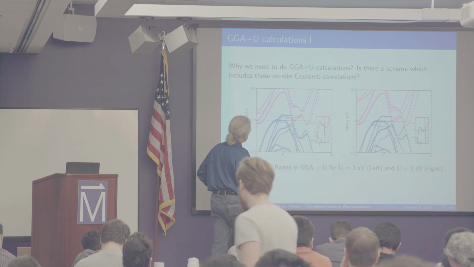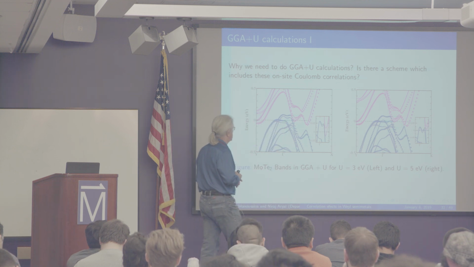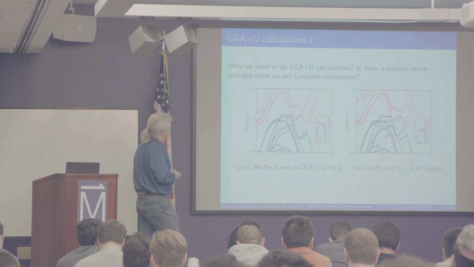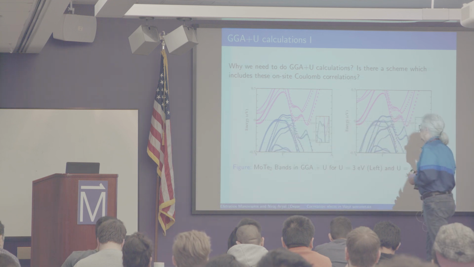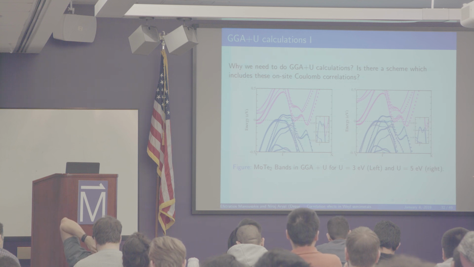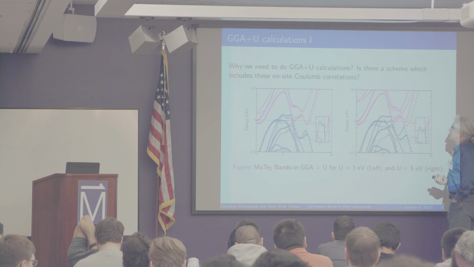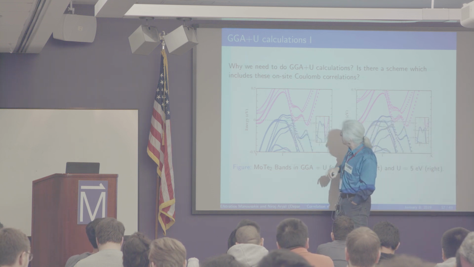The open circles here are with 0 U, that means GGA, generalized gradient approximation. You can also do the simple LDA if you like. Actually similar. But then you crank up U, you take U equals 3 or 5, just to see if there is a significant difference. Not much difference here.